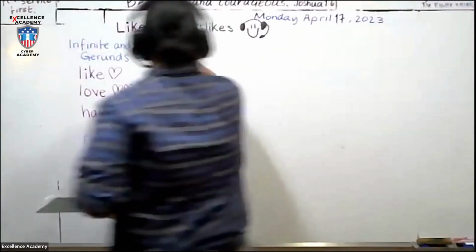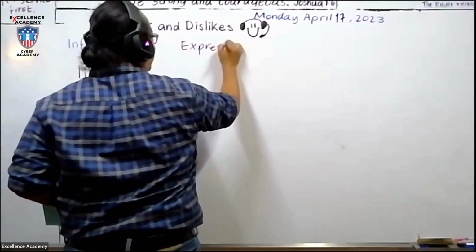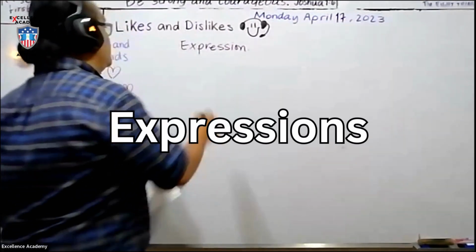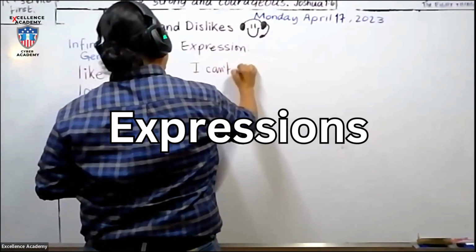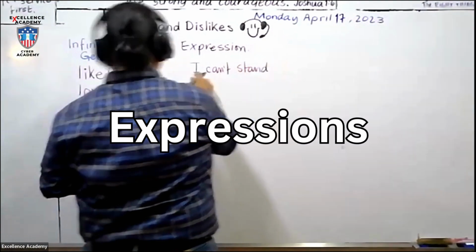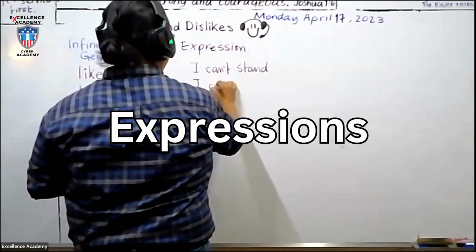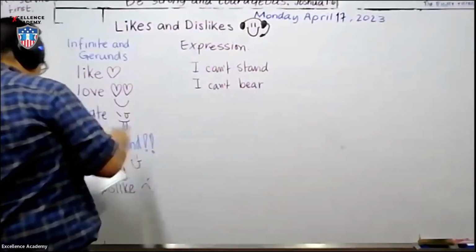So other expressions that you can use so you can sound more like a native speaker. For instance, "I can't stand," right? It's like saying I hate. "I can't bear" is also saying hate.